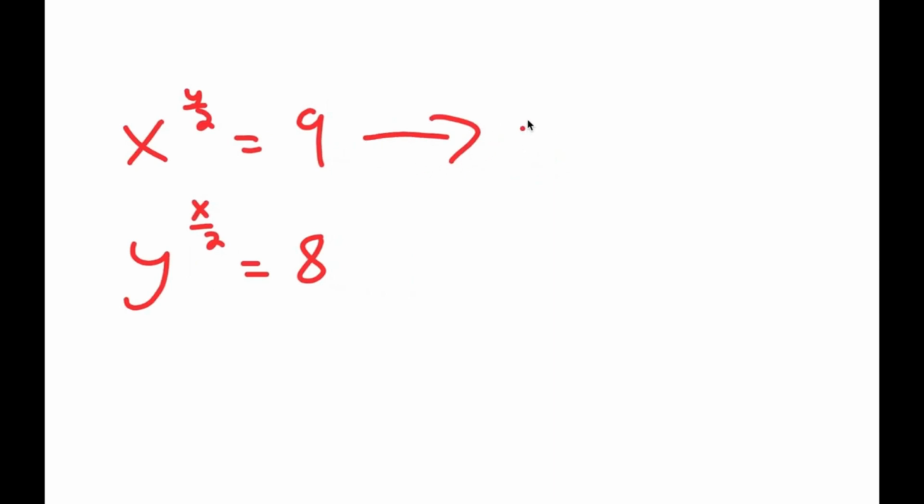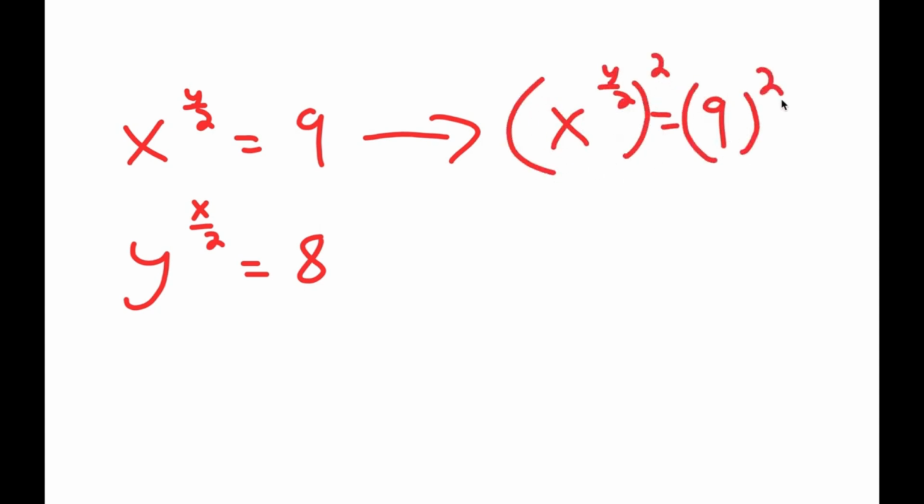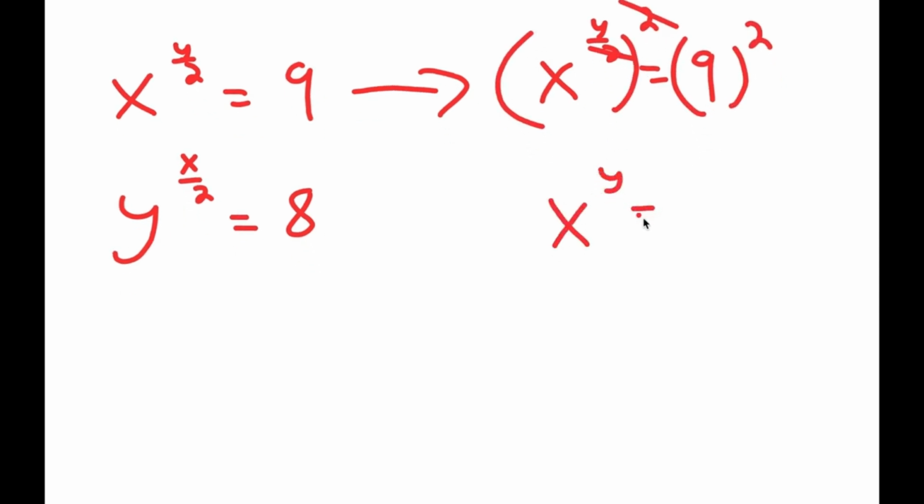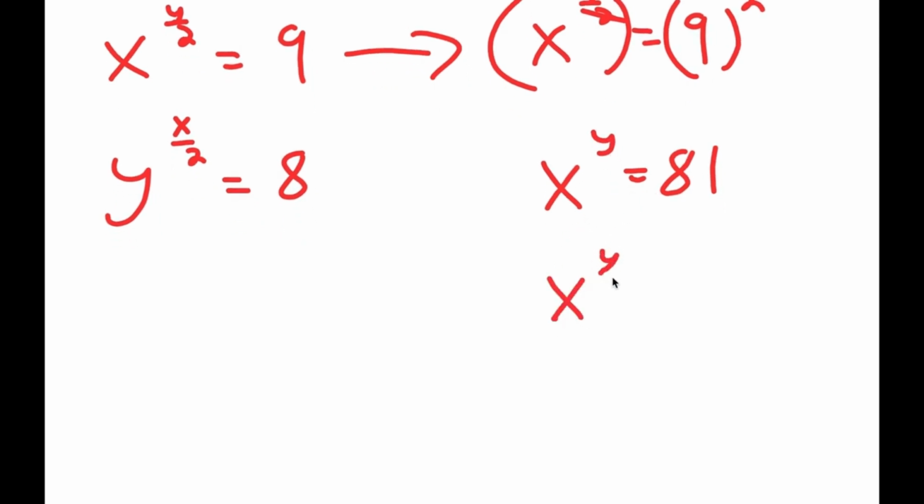So x to the power of y over 2 equals 9. I can first start by taking the power of 2 on both sides. So then these two cancel out, and I get x to the power of y is equal to 81. Now 81, I can rewrite that as 3 to the power of 4.